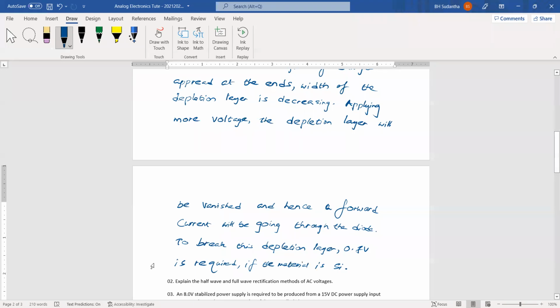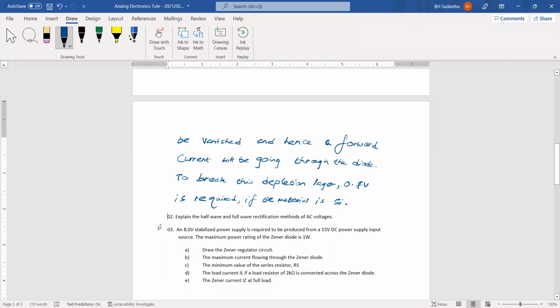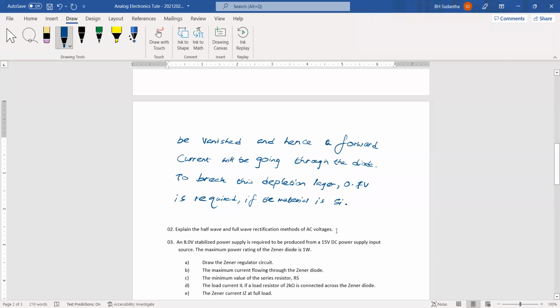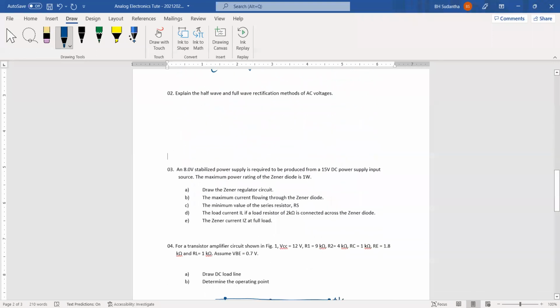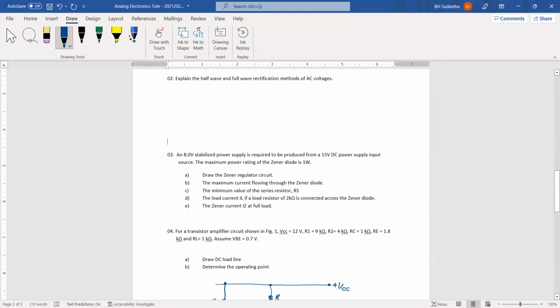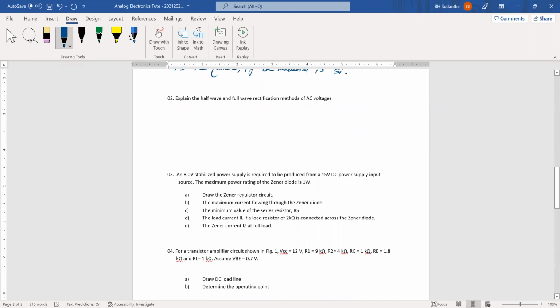Okay, then we can break the depletion layer, but we need 0.7 volts if the material is silicon. Then half wave and full wave rectification methods of AC voltages.